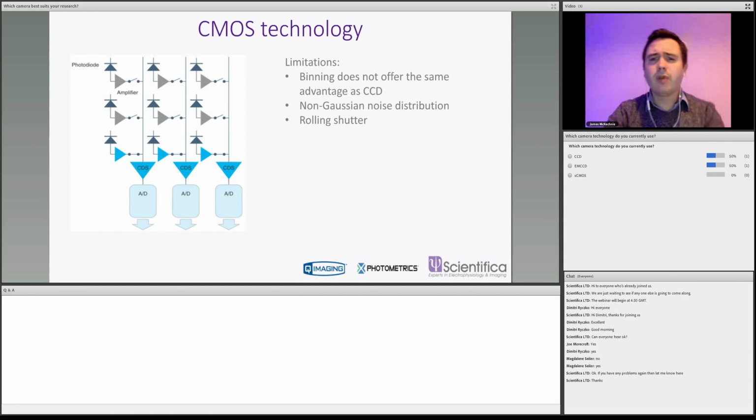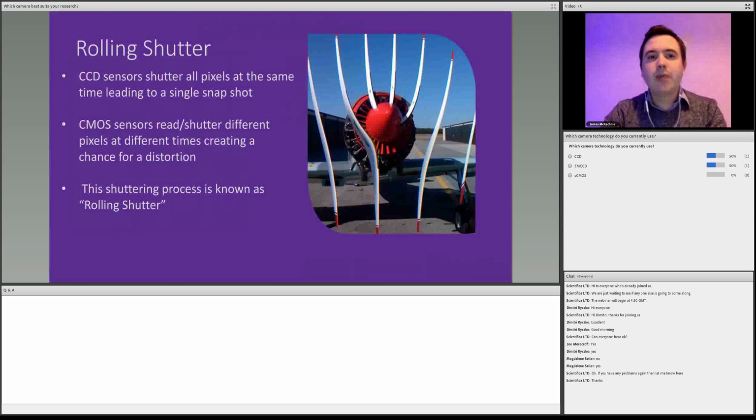And then finally, rolling shutter. That was what I was saying about the issues with reading each line at a time. This image shows the rolling shutter quite nicely. It's an image of a propeller plane taken with a CMOS camera.